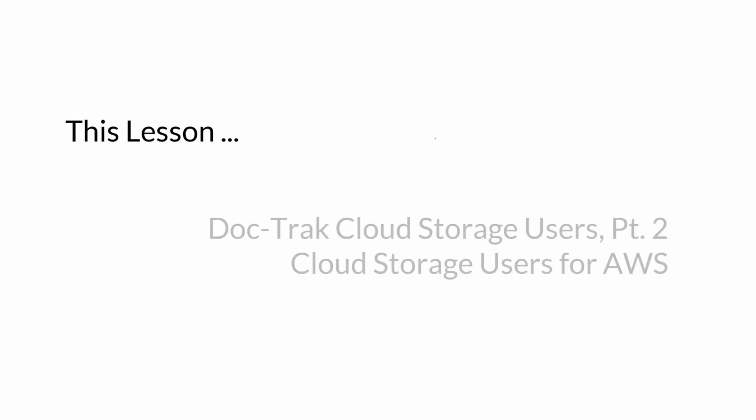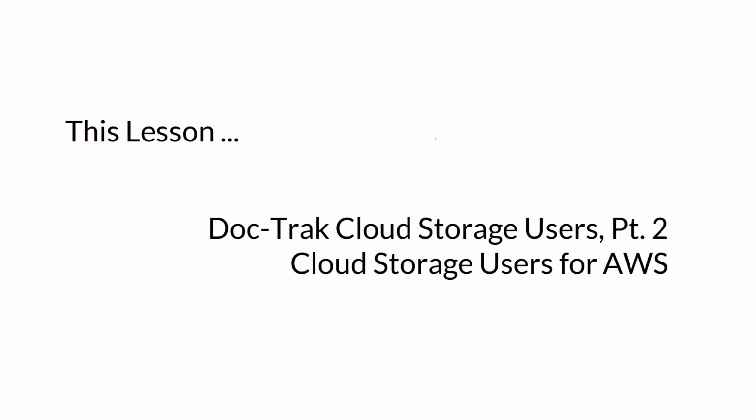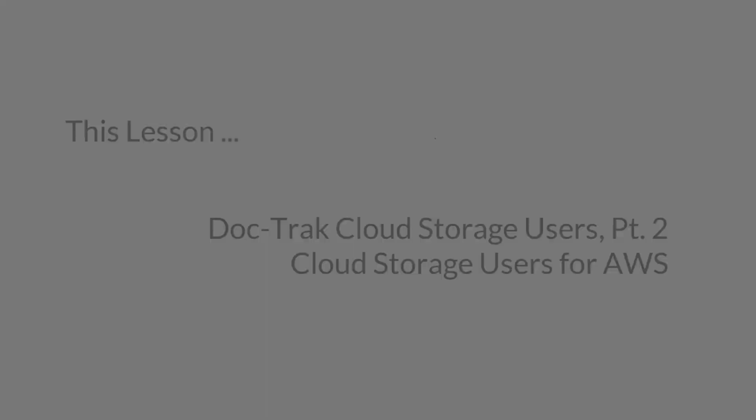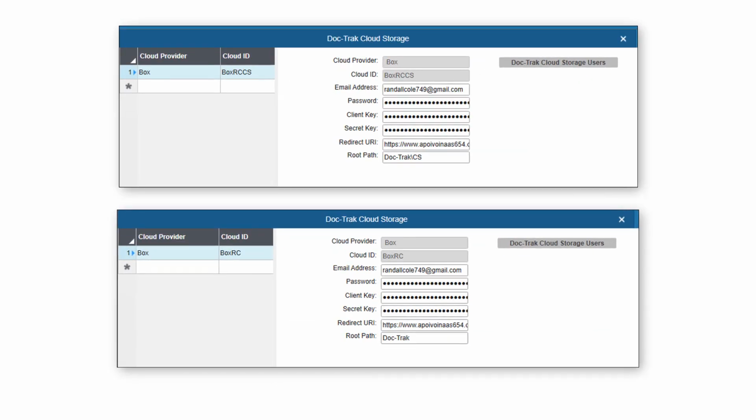With this lesson, we'll look at creating DocTrack Cloud Storage Users records for AWS. In the previous lesson, we created these records for Cloud Storage IDs set up for a Box Cloud account. With both Box and Dropbox, you set up the Cloud Storage IDs with the option of specifying a single user.